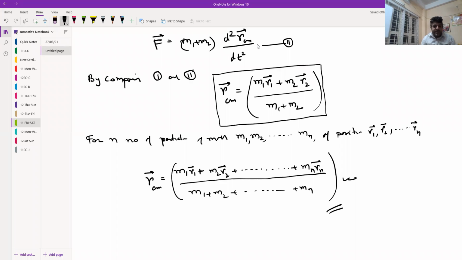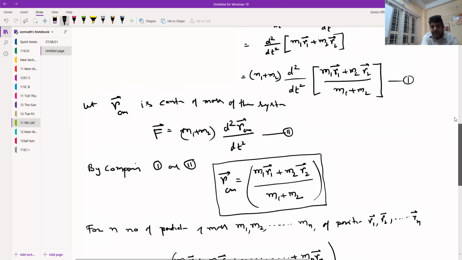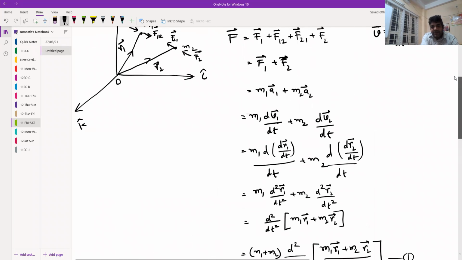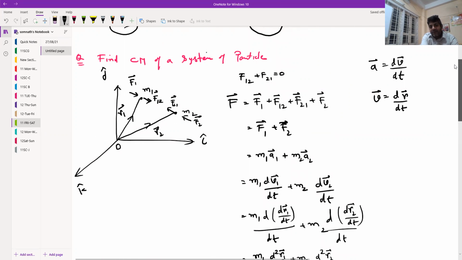Yes, sir. This is a derivation which can be asked in your school exam, and the examiner can give you 3 to 5 marks for it. So this is a very, very important derivation.